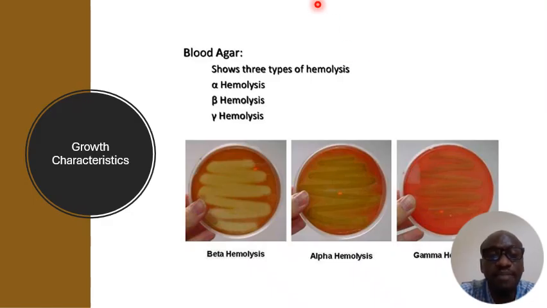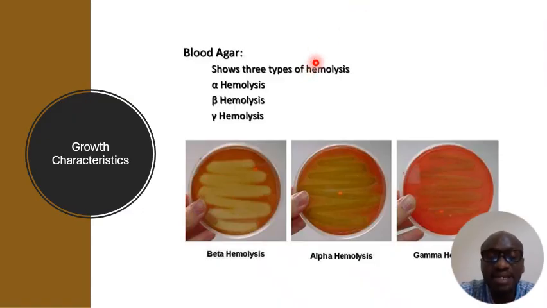I've said something about pigment production before. They grow with pigment production. This is like color. So a very distinct organism that grows with color is Pseudomonas aeruginosa. It gives a greenish coloration on agar. Then we also have pH changes, which is indicated by the color of a pH sensitive media.